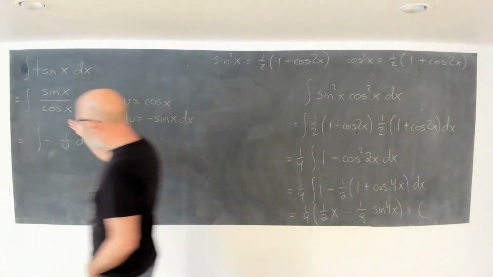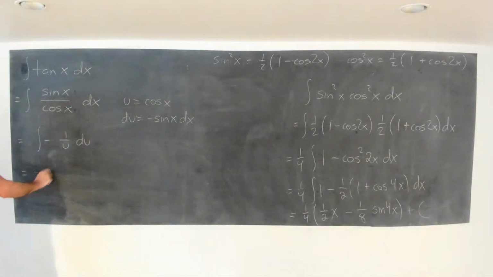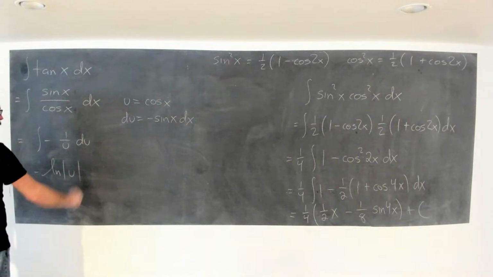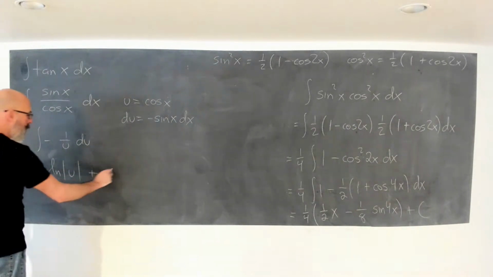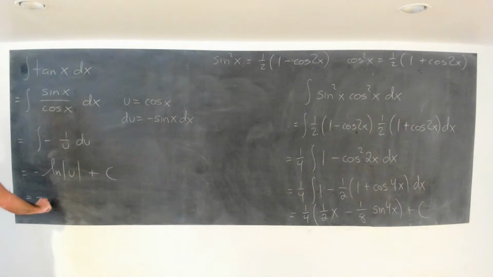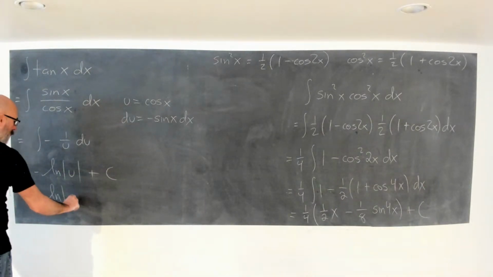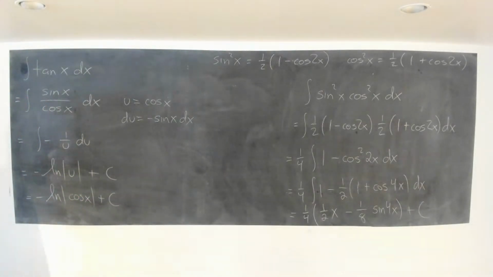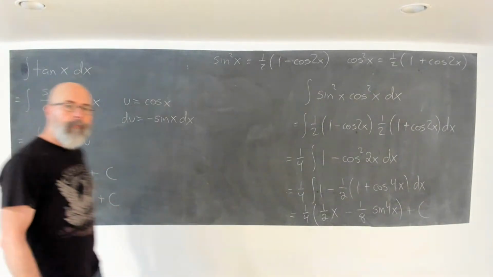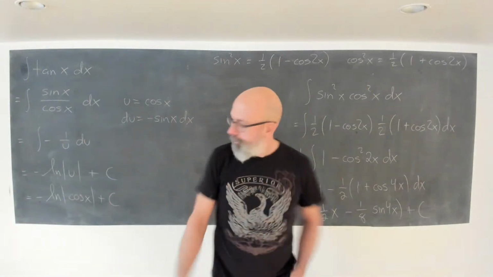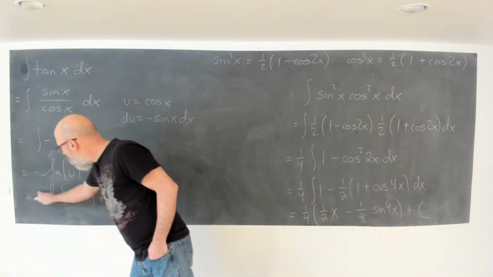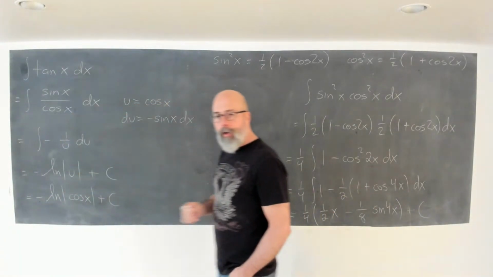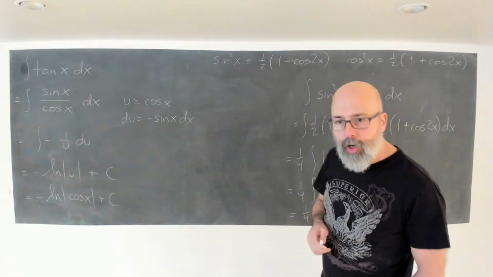And of course, the antiderivative is easily seen to be negative ln of the absolute value of u, or ln of the absolute value of cosine x. Some books, including ours, like to bring the negative 1 back up using properties of logarithms.